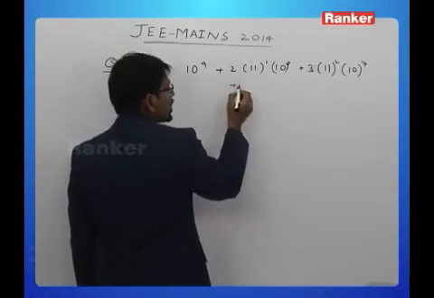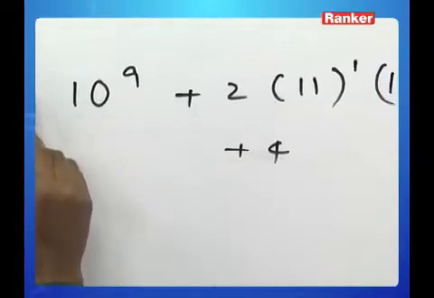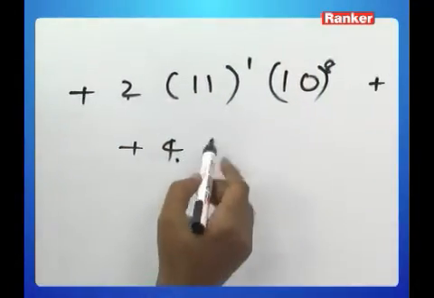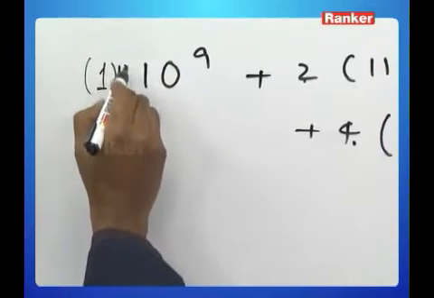So let's guess the next term. What should be the next term here? You see the pattern here, 1 2 3 4. Now let us think that we have 11 power 0 to start with.